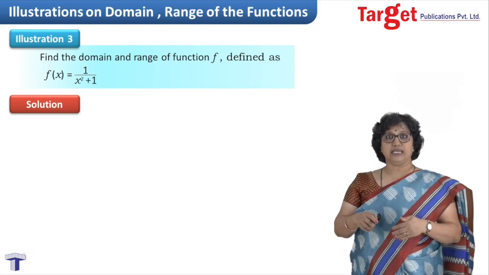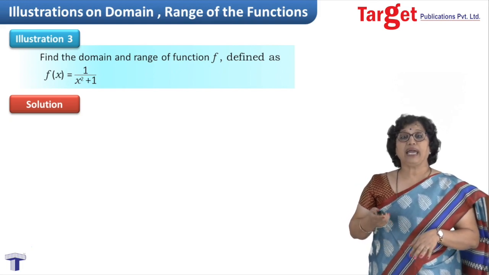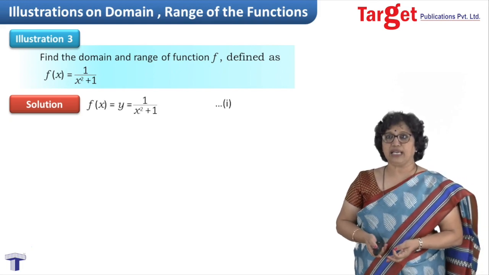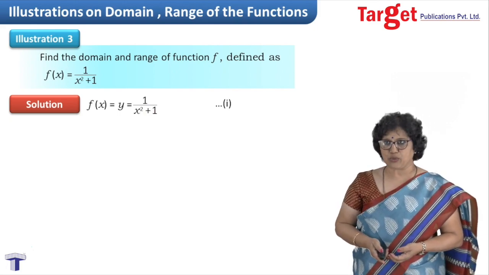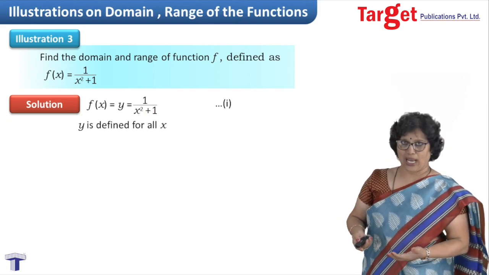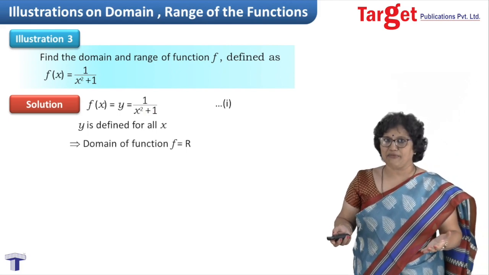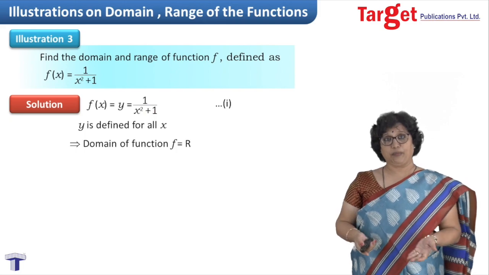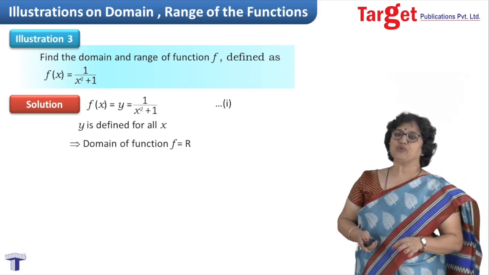So f(x) would be defined everywhere. My first observation is, if I write f(x) as y, it would be 1 upon x square plus 1, and y is defined for all x, and hence domain of the function is R, because there is no troublesome value of x for which y will not be defined. So domain is capital R, the set of real values.